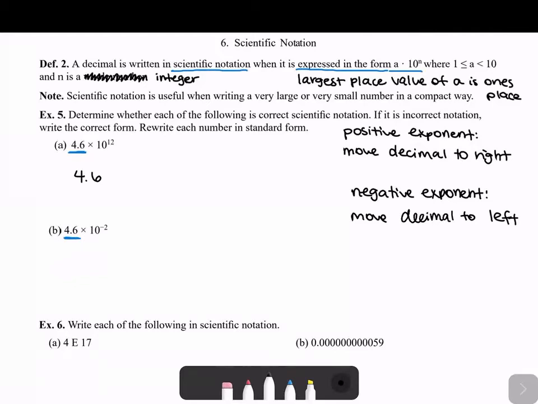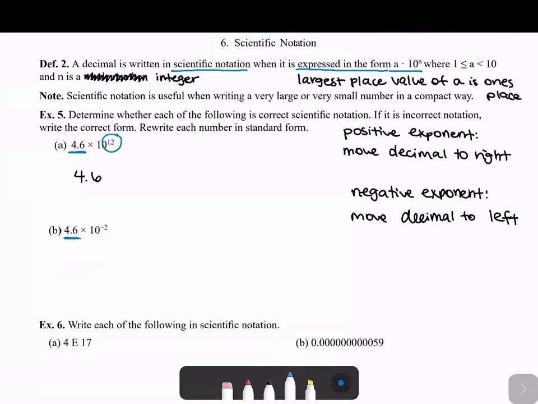Okay, so we want to do that with these two. In 5a, since it's a positive exponent, we're moving the decimal to the right. And we are moving the decimal to the right the amount of places that the power is of 10.